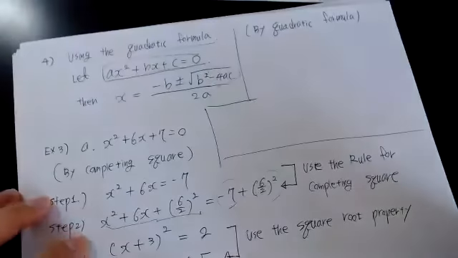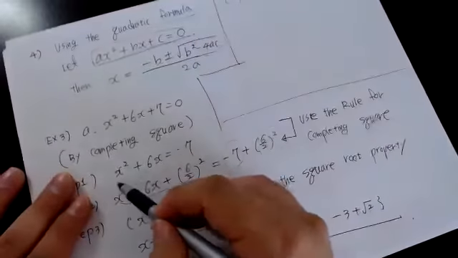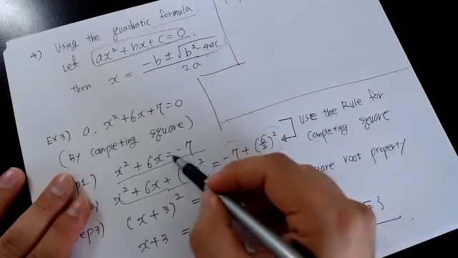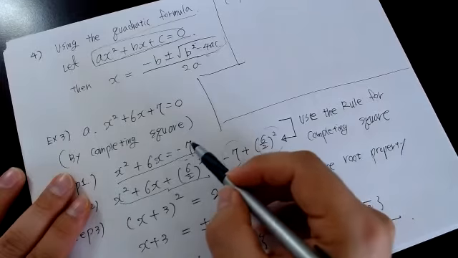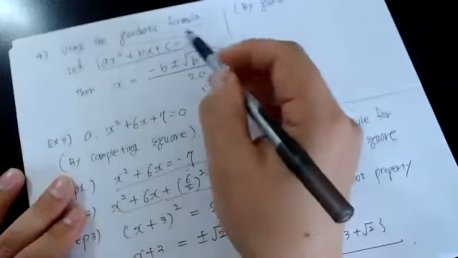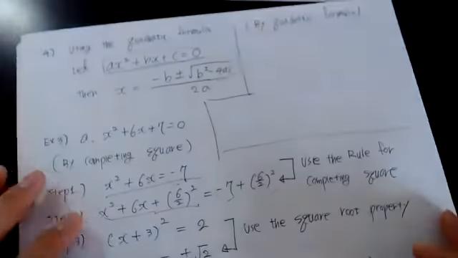For example, if the quadratic equation is given like this, then you have to make the right-hand side 0.